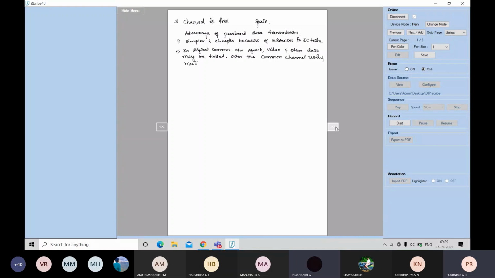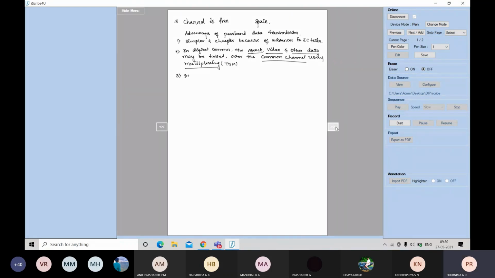Whatever type of signal you choose, be it speech or video or audio or any other data signals, you can transmit all these signals over the common channel using multiplexing. You have TDM and FDM. Most of the time we'll go for time division multiplexing. So using such multiplexing techniques, we'll be transmitting passband signals of multiple different types.